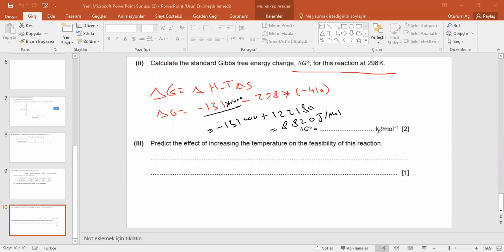To convert to kilojoule as the question needs, we have to divide by 1000. So we get 8.82. Yeah, here, guys, it is negative, sorry, I forgot to write the negative sign. This is negative 8.82.